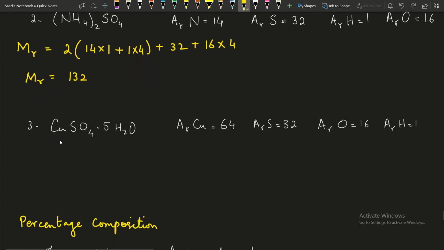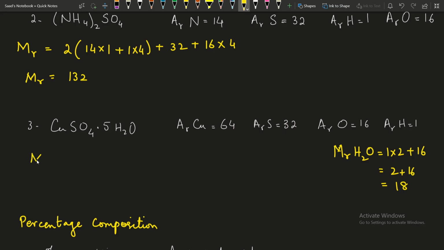Next is copper sulfate with 5 water molecules. This is water of crystallization. So we can calculate the MR of water. First of all, MR for water: hydrogen is 1 multiplied by 2, plus oxygen is 16. So that makes 2 plus 16. The MR of water is 18. All right.